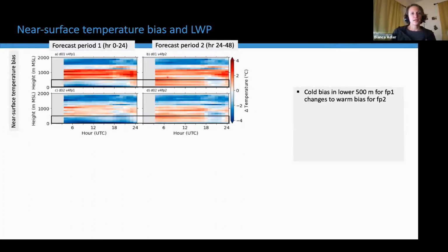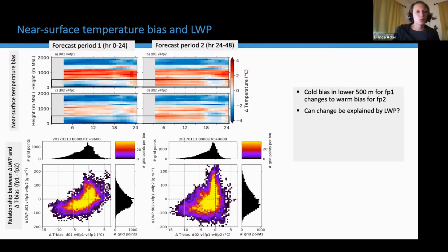So we wanted to know if this can be explained by the differences in cloudiness we saw between the two forecast periods, and we used the liquid water path at the grid point closest to the surface stations for that. What we did is we related the changes in liquid water path between both forecast periods to changes in the temperature bias between both forecast periods for stations below 500 meters, for this lower layer here.